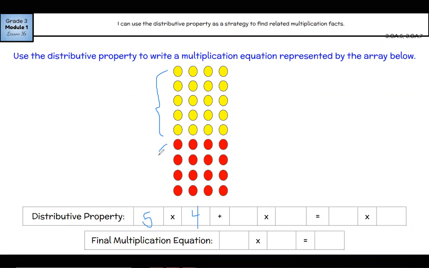If I look at the red, there are 4 rows with 4 in each row. So that equals 9 times 4. Okay, so that means that the final multiplication equation is 9 times 4, and that equals 36.